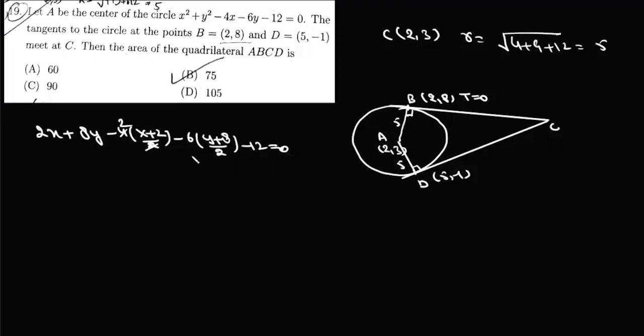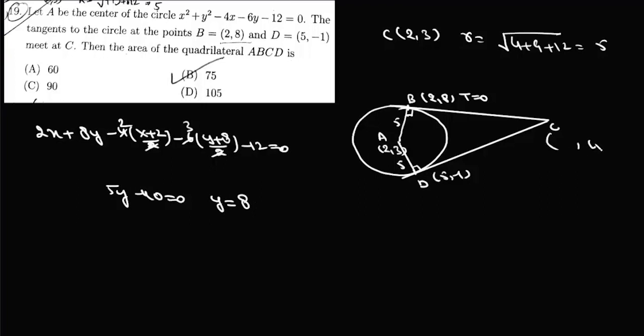Now this is 2, and here this is 3. Now 2x and 2x will cancel. So we'll get 5y, and here it will be minus 4, minus 24, minus 28, minus 12, minus 40 equals 0. We'll get value of y as 8.